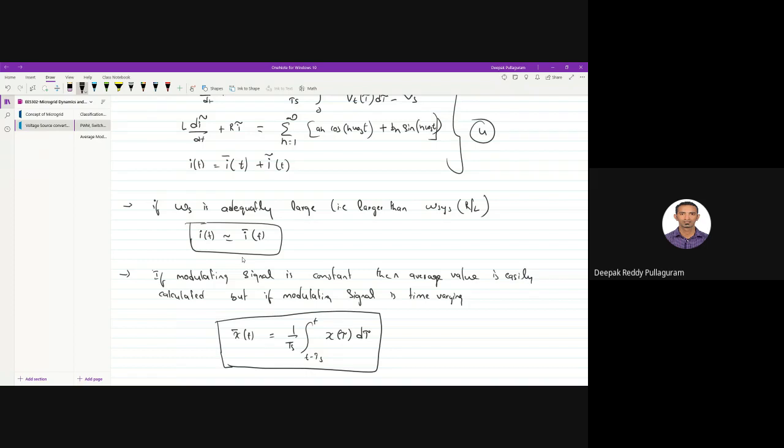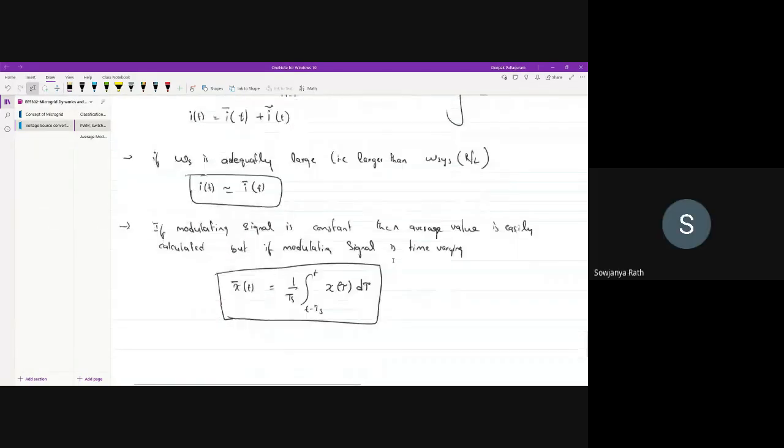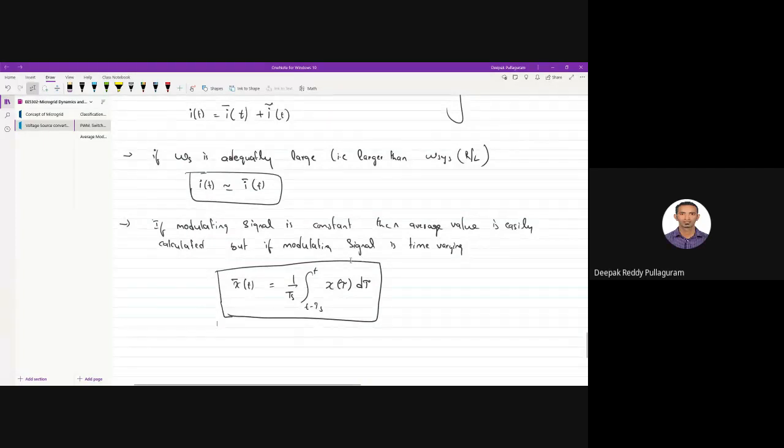This is the average value formula which you might have used for sine waves, and maybe for diode rectifier signals, where you calculate RMS values using integral logic. So what is x over here? x is any signal. It can be voltage or current. I am generalizing the averaging here for time varying signals, time varying pulses and time varying modulating signals, where the pulses are not of constant duty. They have time varying duty.